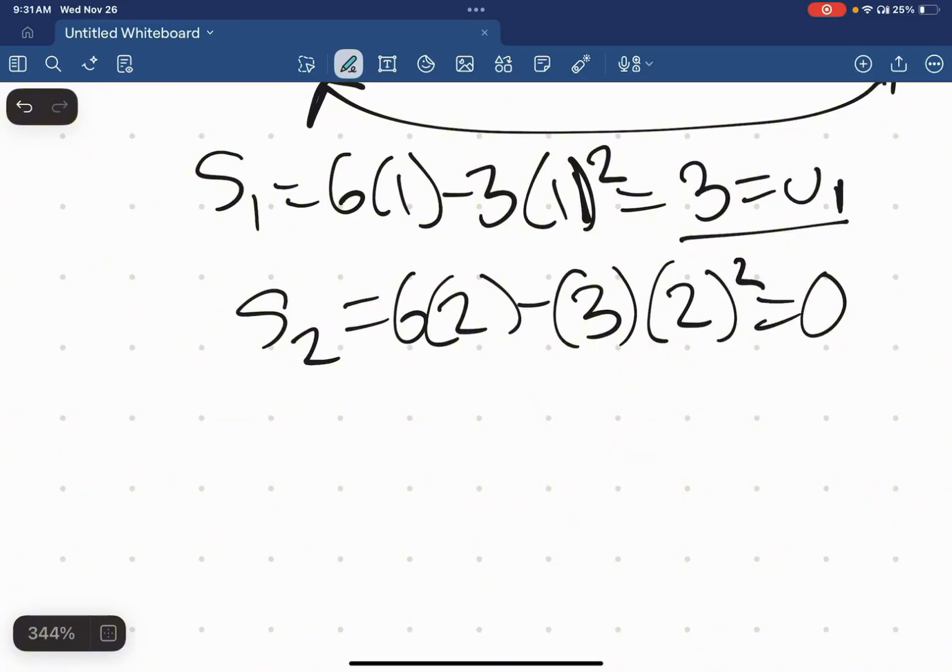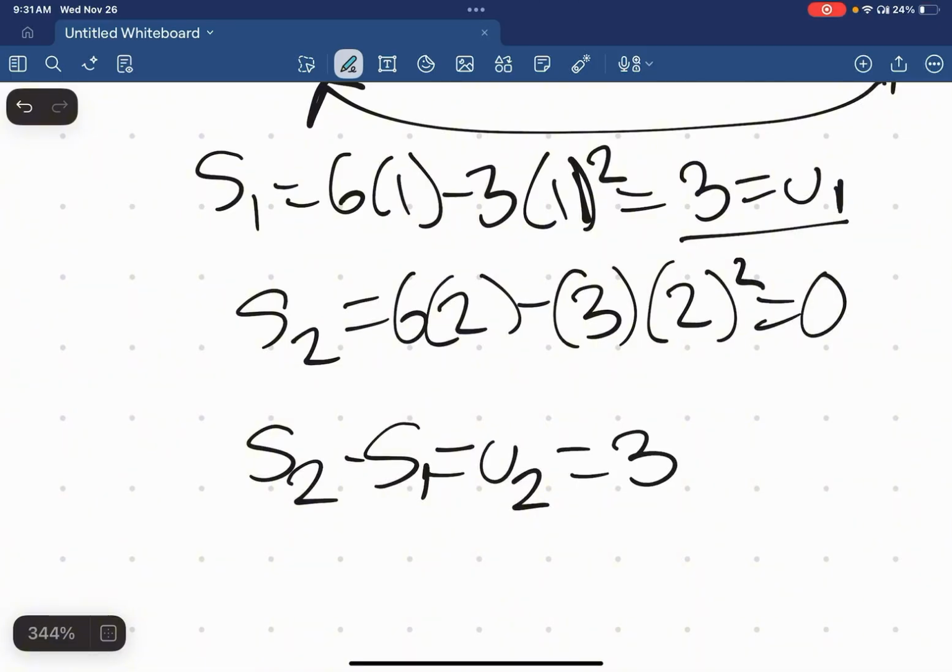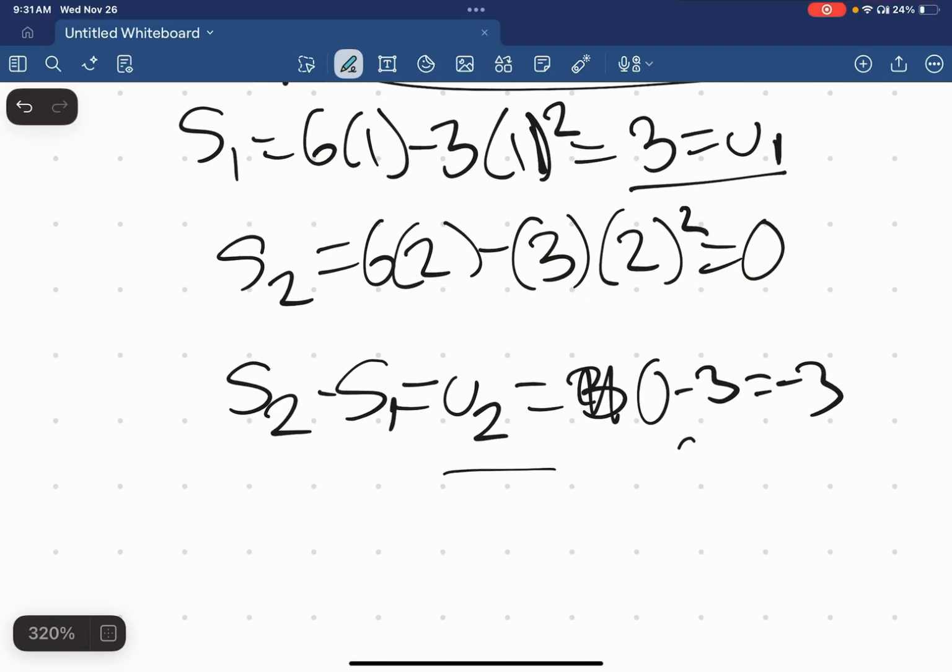And we know that the sum of the first 2 terms minus the sum of the first term is going to be equal to u2, because that's just subtracting them away from each other. That's equal to 0 minus 3, which is equal to -3. So we have u2 is equal to -3.